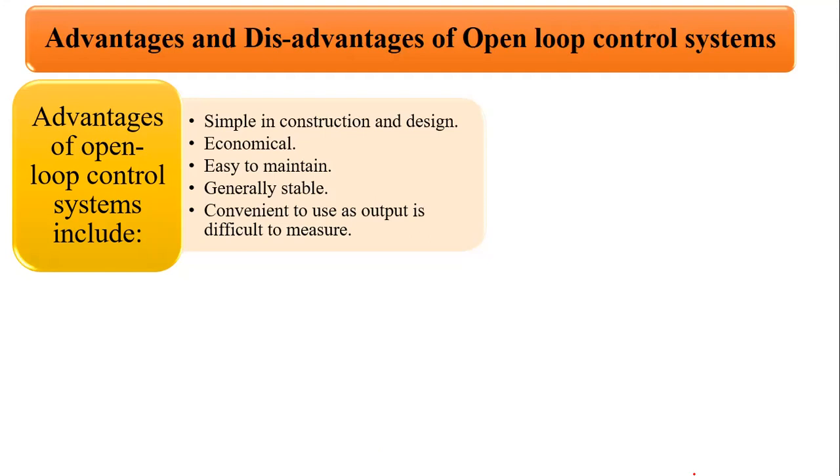So additional elements are not there, and hence we can say their construction and design are simple. And because they do not have extra additional elements connected to them, they are economical. They can be easily maintained. They are generally stable, and they can be conveniently used.